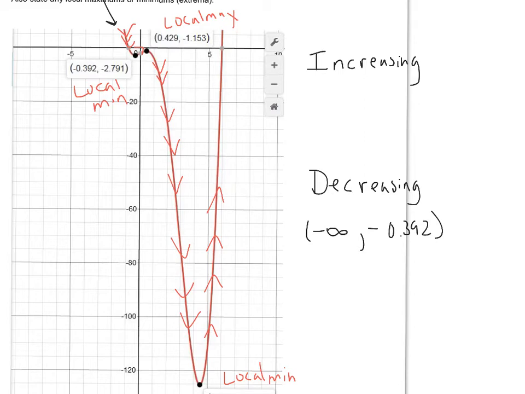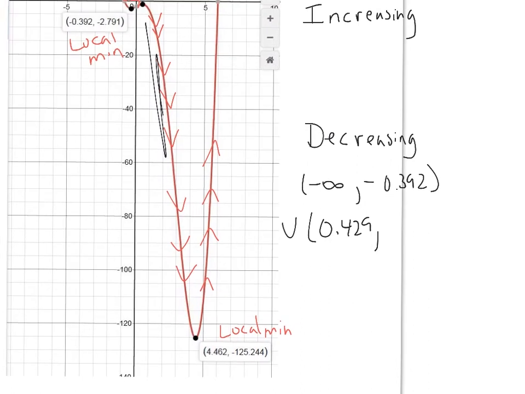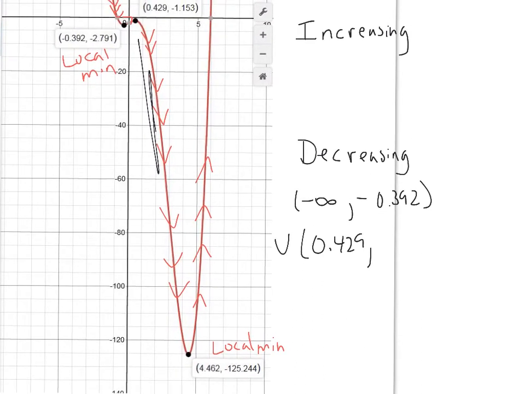And then it's going to increase for just a little bit. But then I'll union that, and the second part of decreasing is this second part here. And that decreases from 0.429 all the way down to that bottom point, which is 4.462. So those are my decreasing intervals.